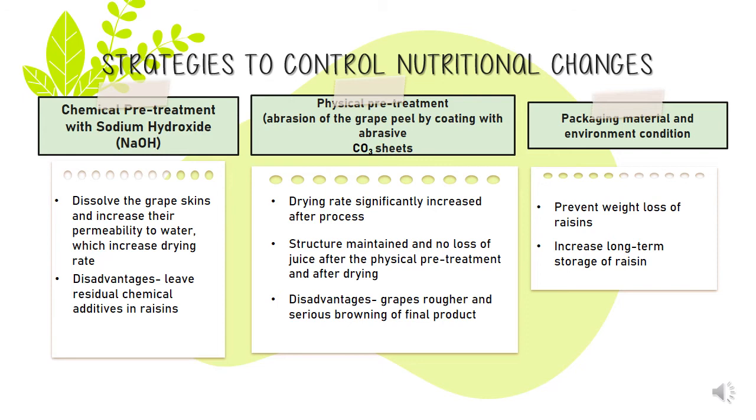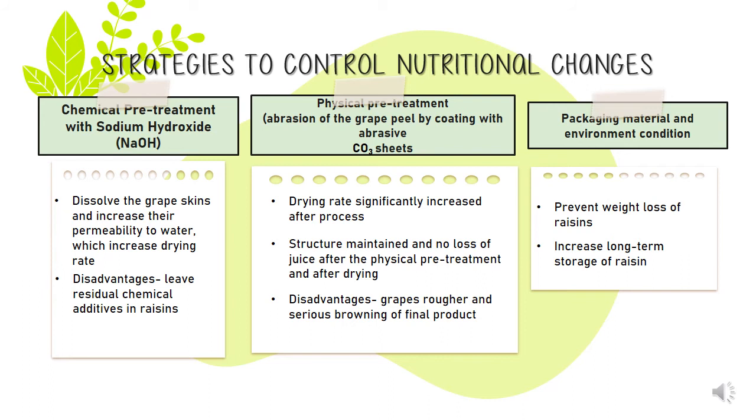Some fruits have a waxy coating on the skin, which is used to protect the fruit from injuries or water loss. It also causes a slow rate of water removal during the drying process. So the presence of wax in the skin is an obstacle to the drying process. Therefore, pretreatment can be used to reduce or dissolve the waxy coating.